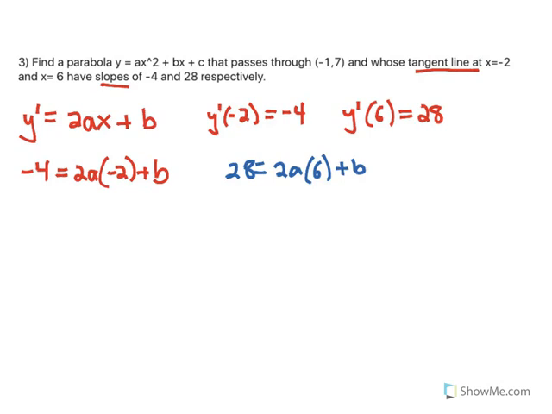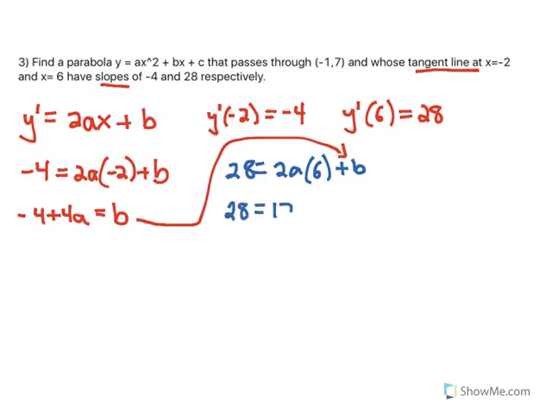Perfect. Now I'm just going to isolate b in this first equation, so I get -4 plus 4a equals b, and I'm going to sub that in for b into the second equation. So I get 28 equals 12a plus, subbing in for b is -4 plus 4a.